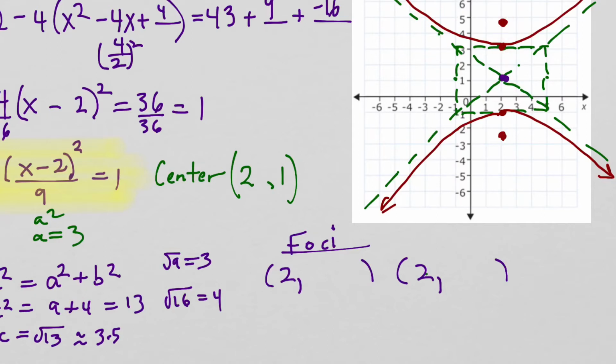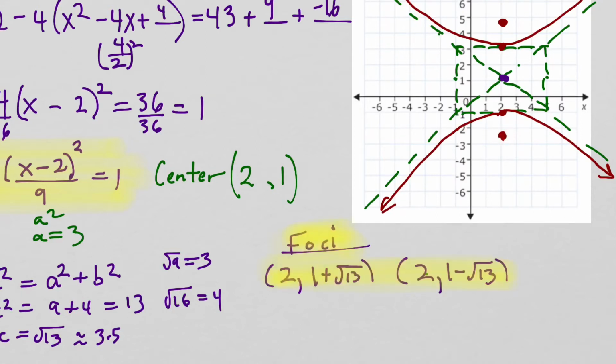So the way I would write that is 1 up, so that's plus root 13. So that's my y-coordinate in exact terms. All right, no decimal approximations. And then 1 minus root 13, which means I'm starting at 1, I'm subtracting root 13 to get to this y location here. All right, so I've got my foci now.